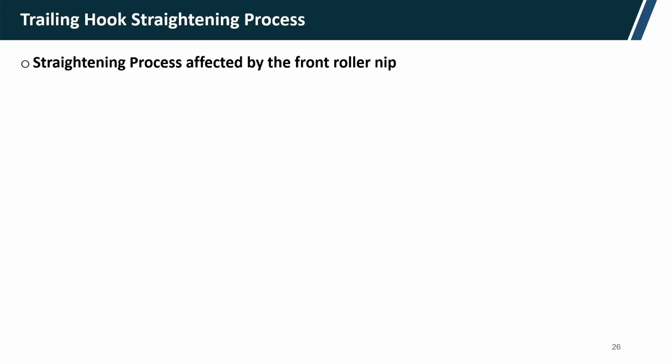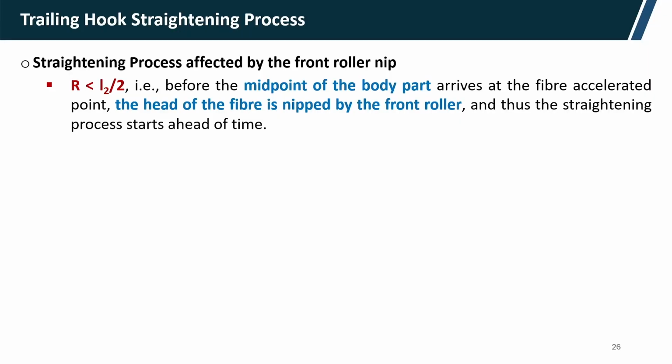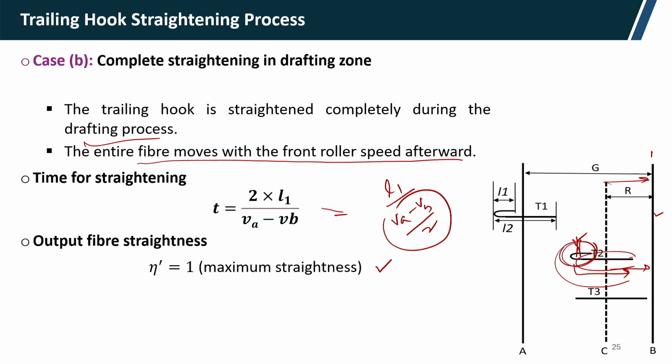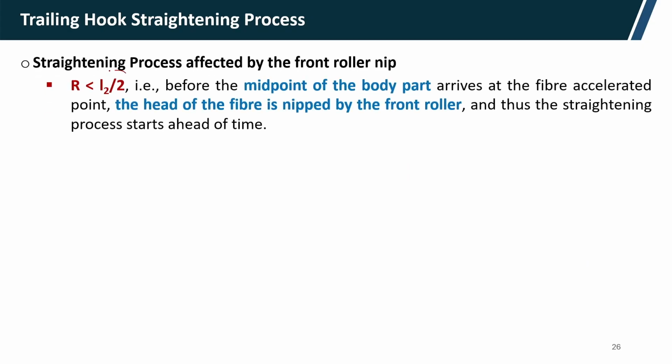Straightening process affected by the front roller nip: when R is less than L2 by 2. Here the midpoint has not been reached, but R is less than L2 by 2, which means before the midpoint of the body part arrives at the fiber accelerating point, the leading end of the fiber is nipped by the front roller.